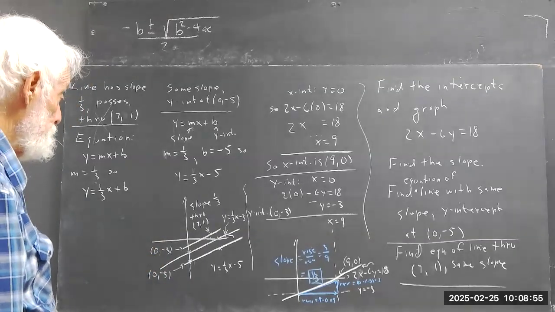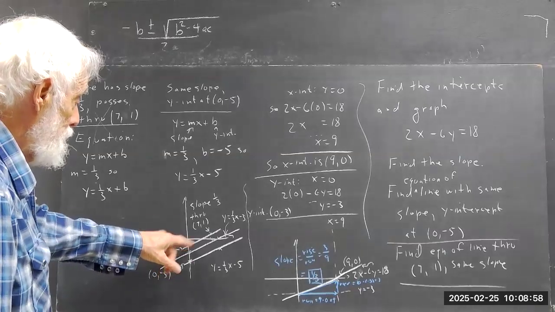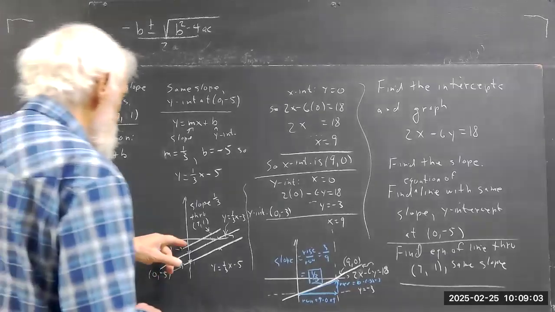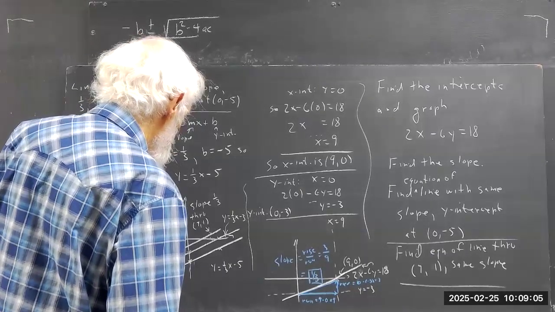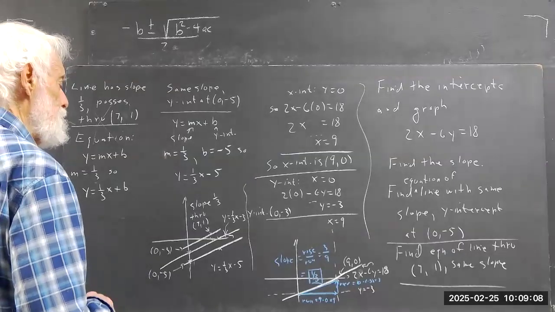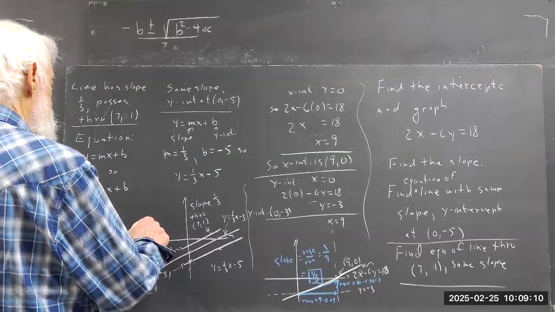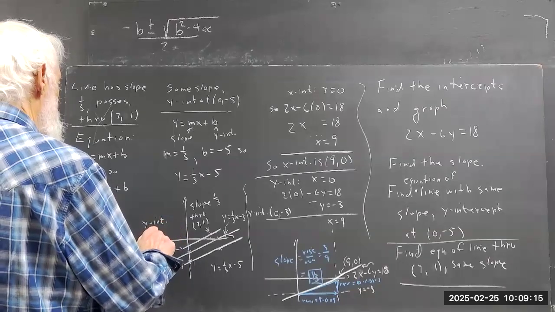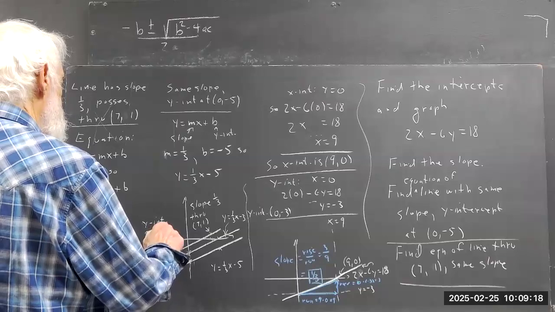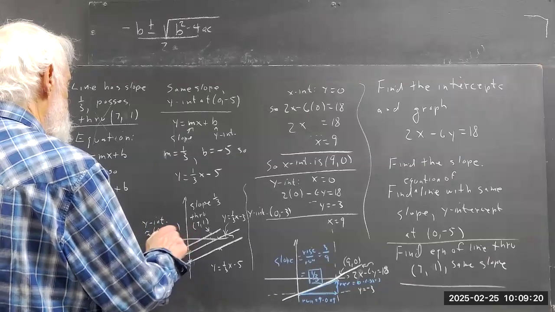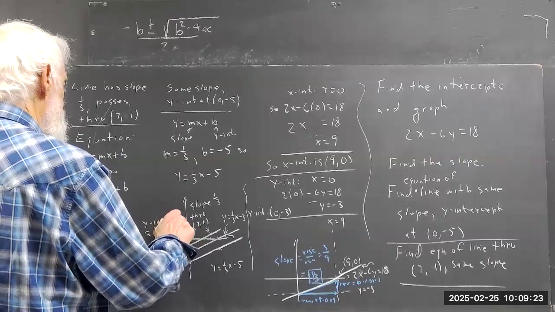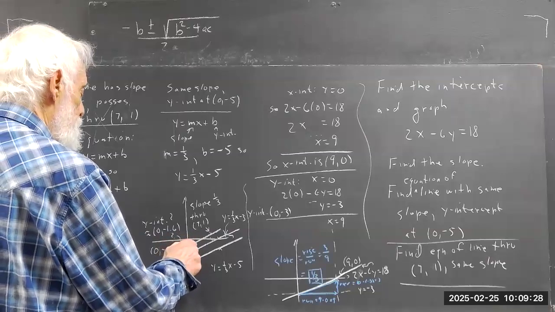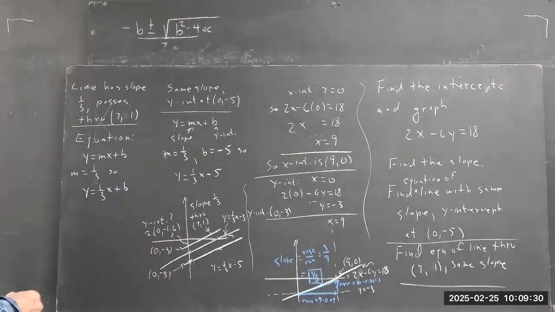Now you could make an estimate. It looks like the y-intercept here is about negative 1.6. Approximately it's 0, negative 1.6, with a question mark around that because we're not sure. But there it is, and it's probably not too far off.